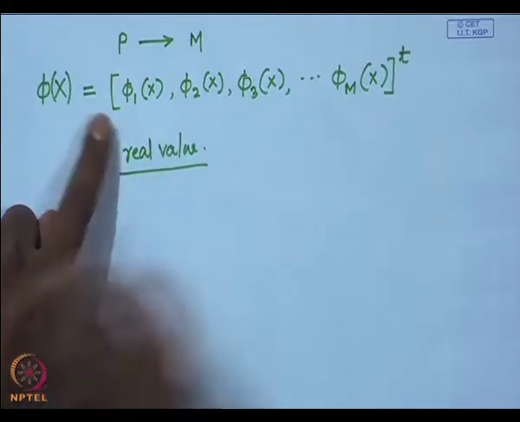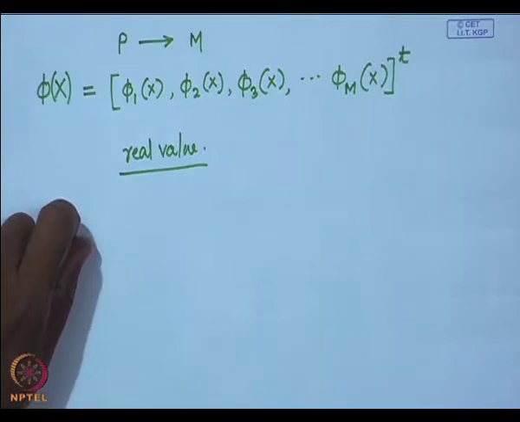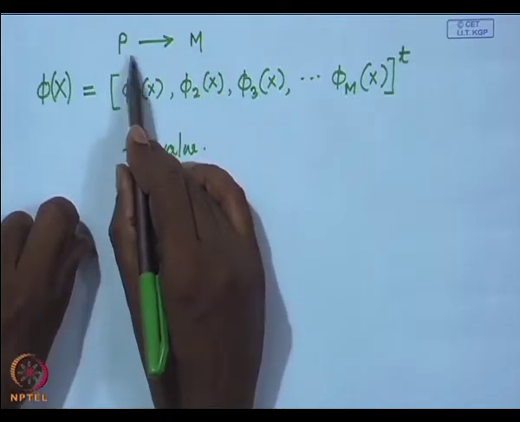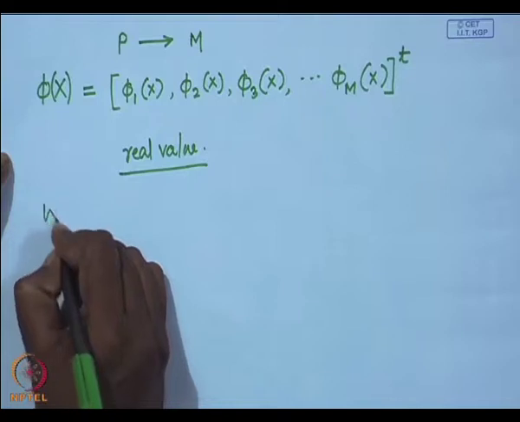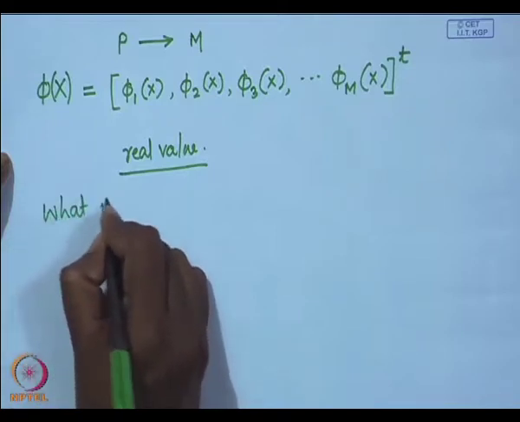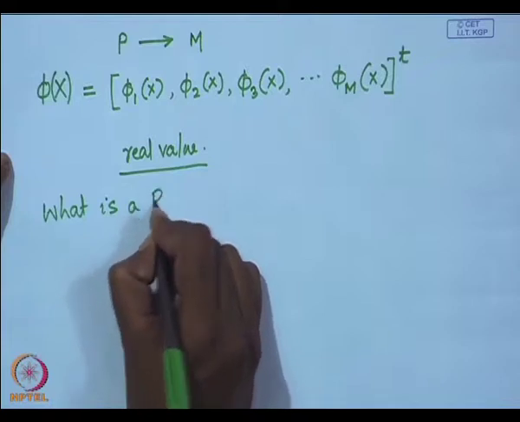So, what I get is an m dimensional feature vector, and if m is greater than p, then obviously I am increasing the dimensionality of the feature vector from p to m. And in case of radial basis function, each of these phi functions, whether it is phi 1, phi 2, phi 3 up to phi m, is a radial basis function. Then what is a radial basis function? So, let us try to see what is a radial basis function.